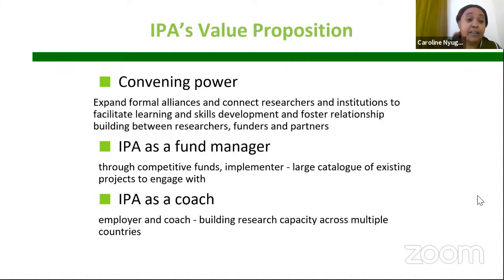So this slide here discusses what IPA's strengths are, what our value proposition is. As mentioned, we realize we've not been doing enough in engaging and collaborating with local researchers. So we worked with our colleagues, board members, etc., to come up with this researcher diversification strategy document or concept note.